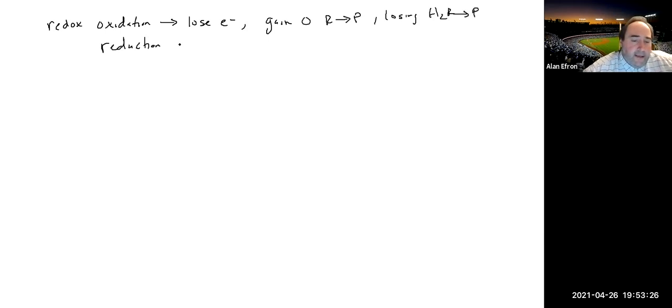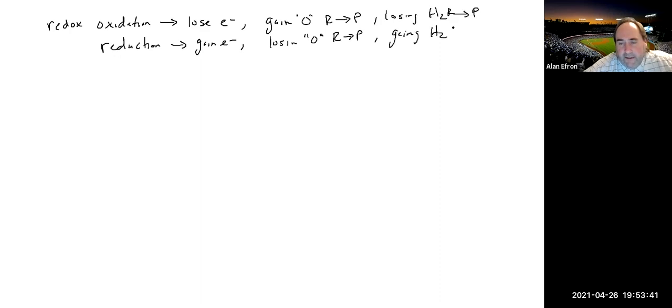Reduction is the opposite. It is gaining electrons, losing oxygen as you go from reactants to products, and gaining hydrogen as you go from reactants to products.